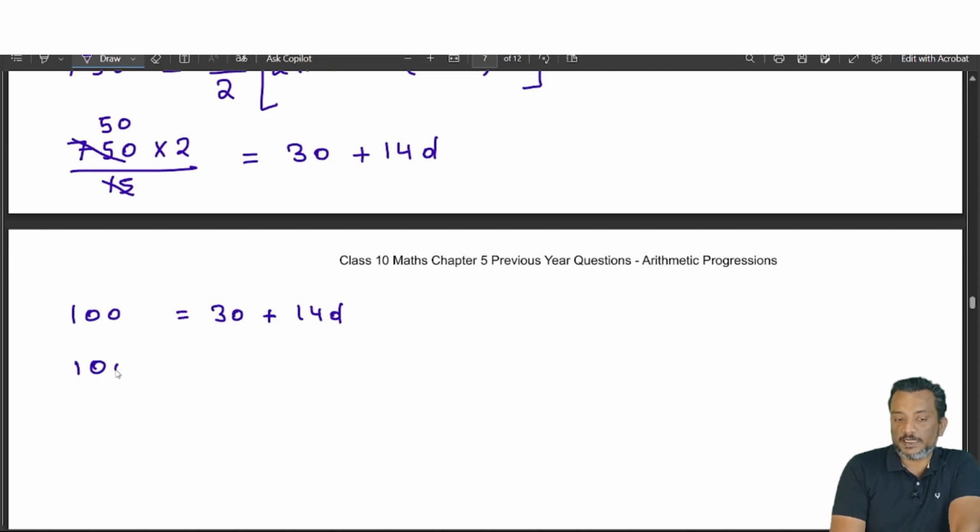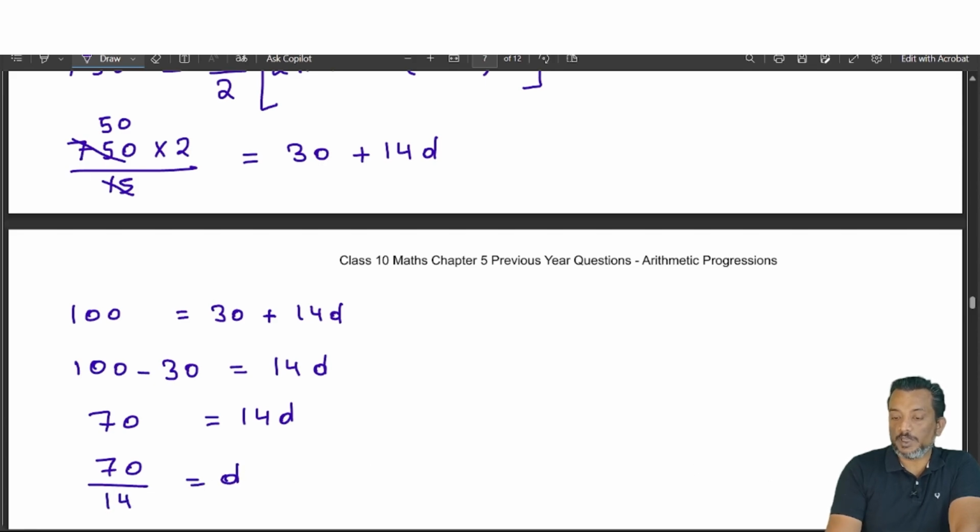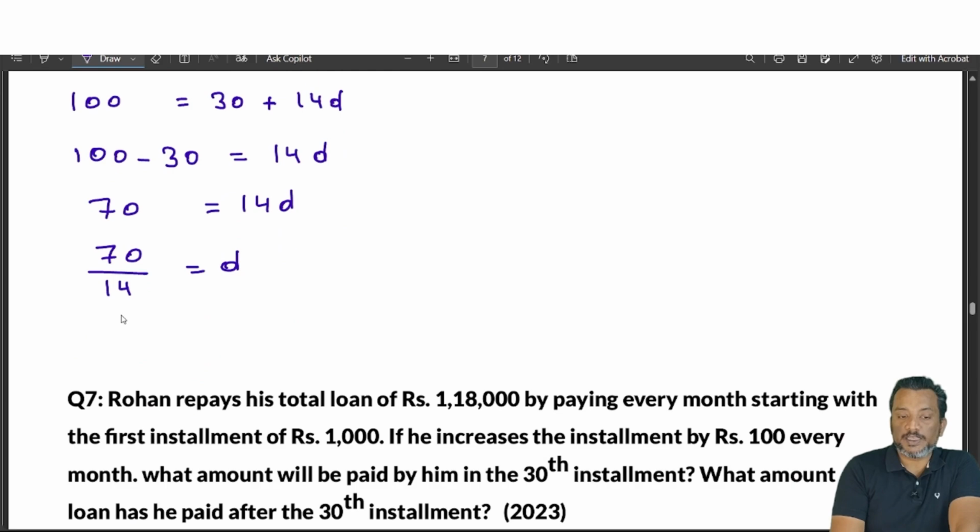So 100 minus 30, we will get 14d, which means 70 is equal to 14d. Now transpose 14 to divide 70. So 70 over 14 is equal to d. Now you will get d is equal to 5.